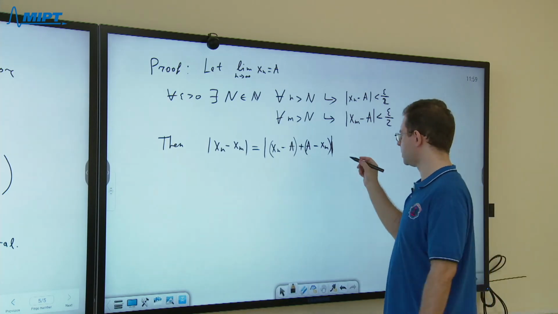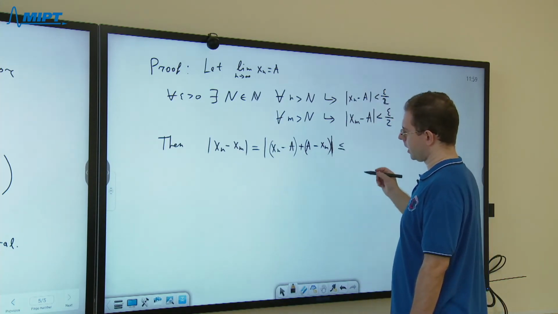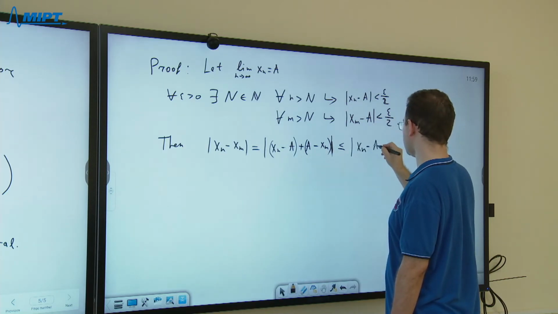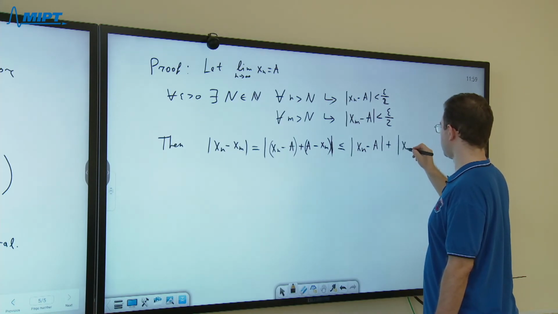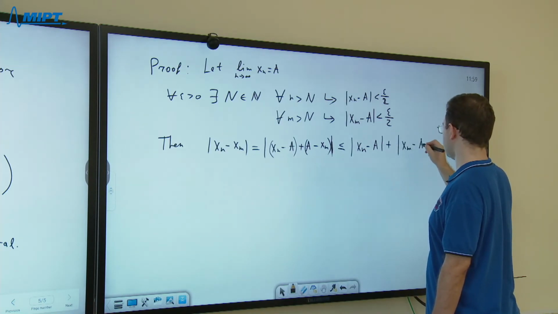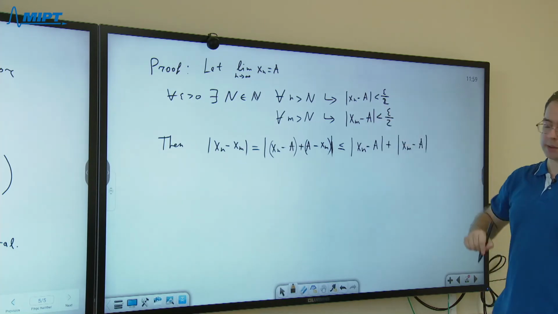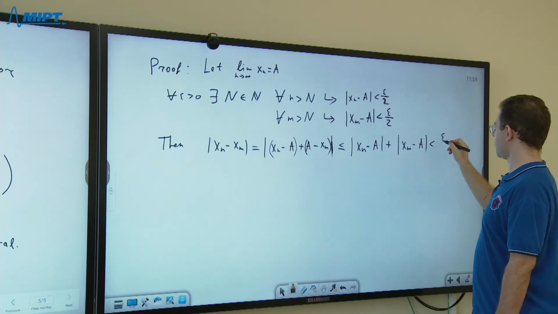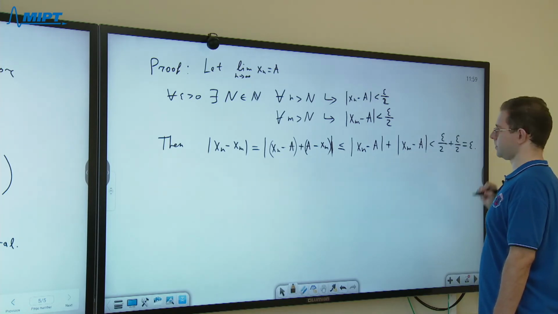It is less than or equal to the sum of absolute values: the absolute value of xn minus a plus the absolute value of xm minus a. Which, as we have written above, is less than epsilon divided by 2 plus epsilon divided by 2, which is just epsilon.